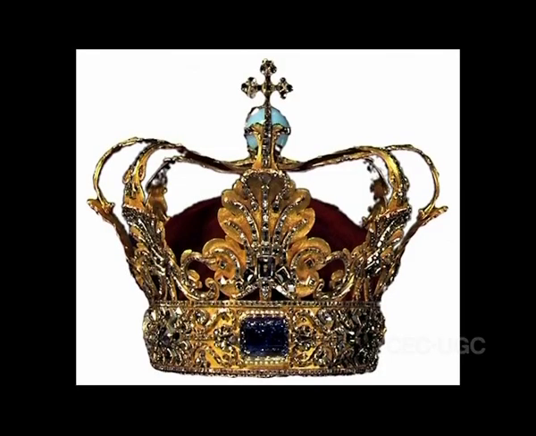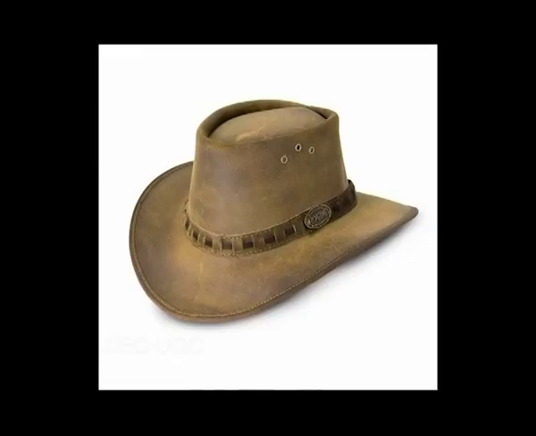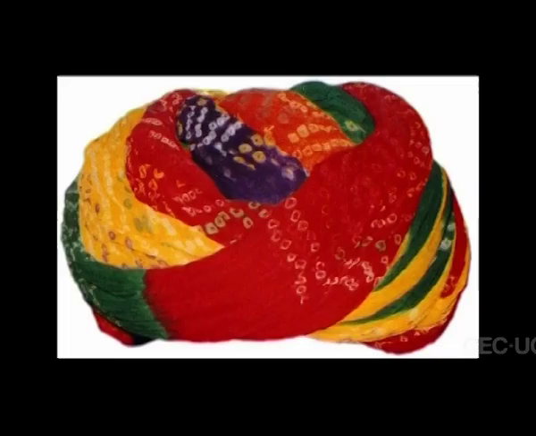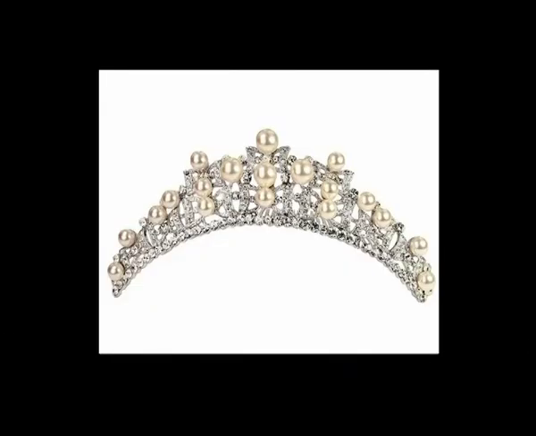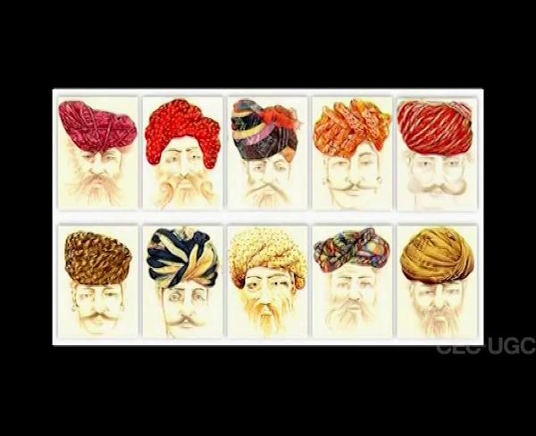Simply put, anything that you want the actor to wear on his head is a headgear. You can hire these if you can find them in the color and material that you want it in. The other option is getting them made according to your design and the head measurement of the actors.